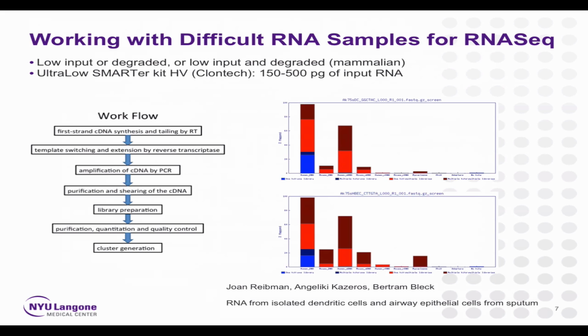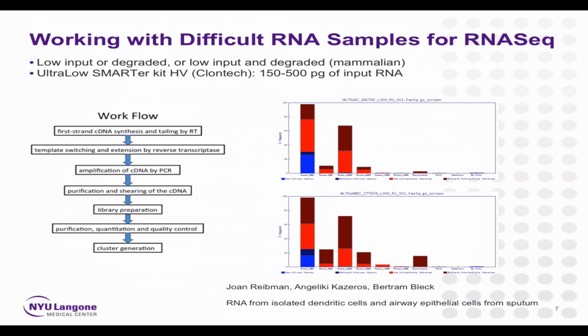For example, low input. For the low input RNA samples, we have two favorite library kits. One is the ultra low SMARTer kit from Clontech that can go down to 150 picograms of input RNA. There's also the NuGEN Ovation, which we like very much, that goes from 500 picograms to 50 nanograms.